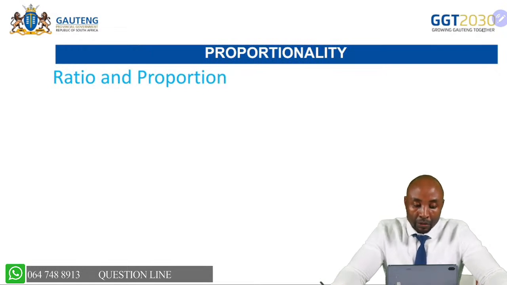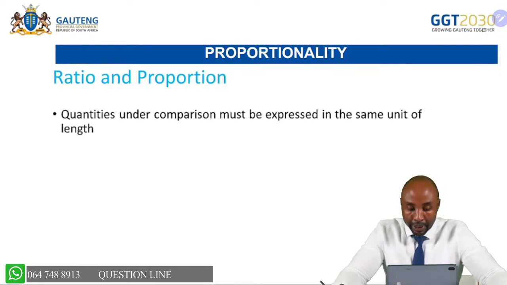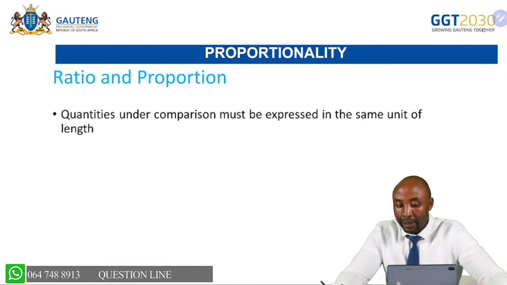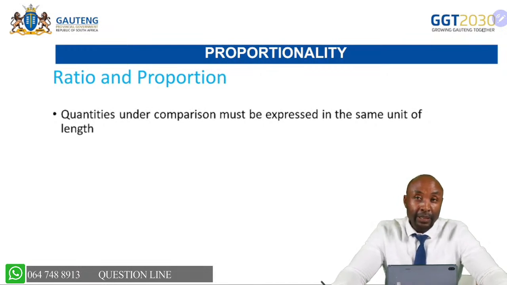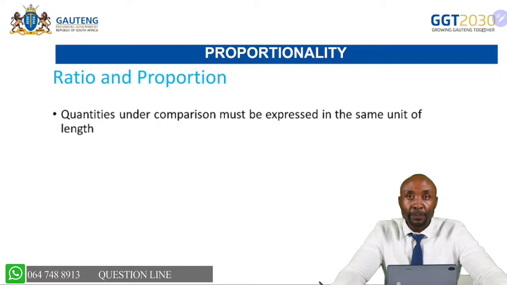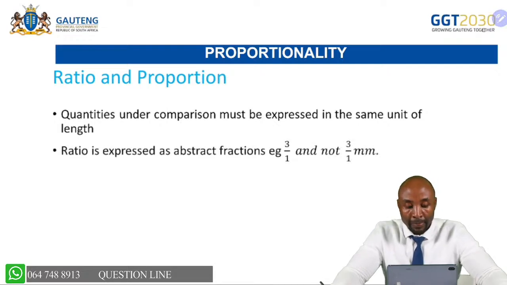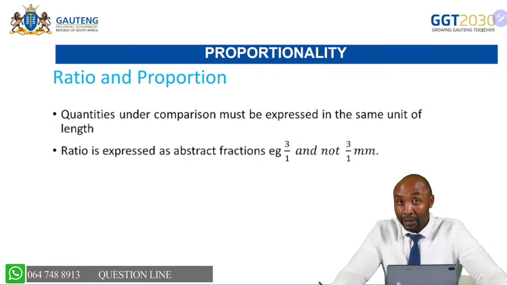We move on to ratio and proportion. Ratio is used to compare quantities that are expressed in the same unit. In this particular case, we shall look at length. Ratio is expressed as abstract fractions.